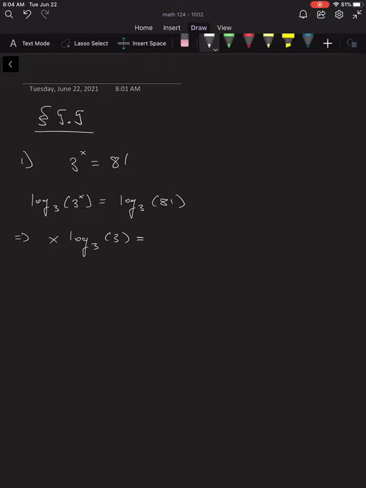So what we could do is this is going to be log base 3, and then 81 is just the same thing as 3 to the 4th power.